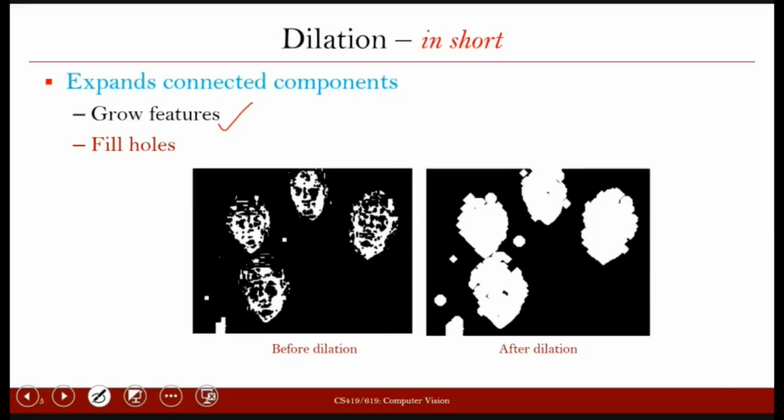In that process, this fills the holes. As you see in this example, when the dilation has been performed on this image, in this particular object, all the holes have been filled. And this filling has been achieved because when the object expanded, the background pixels got converted to foreground pixels, and in that process, the holes got filled. Okay?